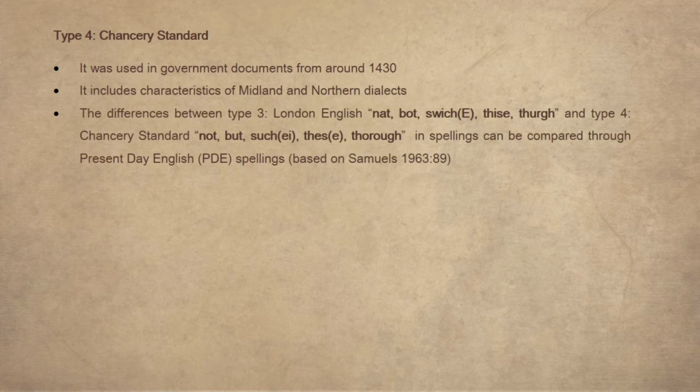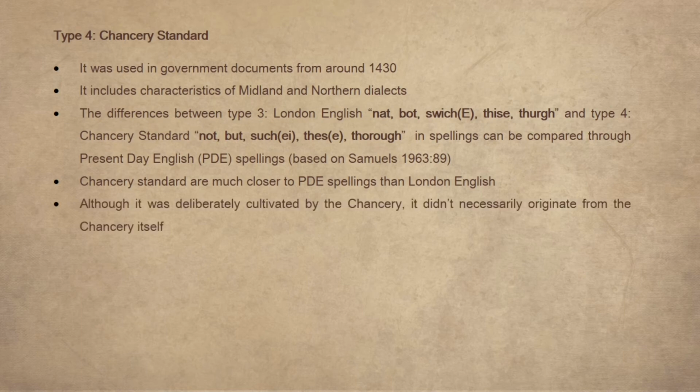The differences between Type 3, or London English, and Type 4, Chancery Standard, as we have seen in the slide, in spellings can be compared through present-day English or PDE spellings based on Samuels. Chancery Standard is much closer to PDE spellings than London English, although it was deliberately cultivated by the Chancery. It didn't necessarily originate from the Chancery itself.